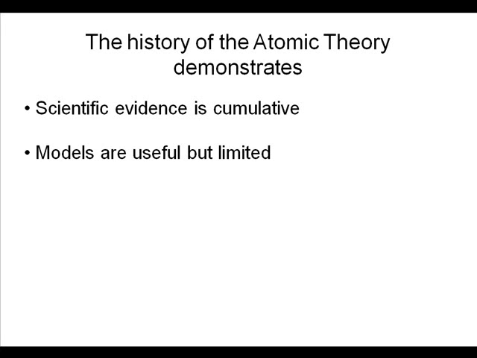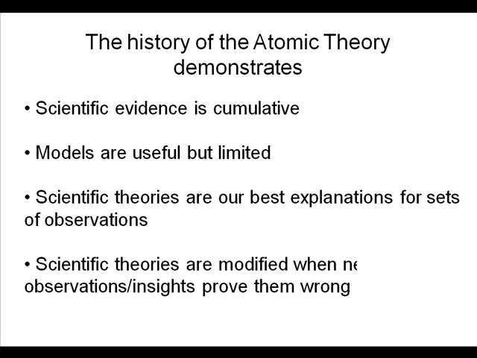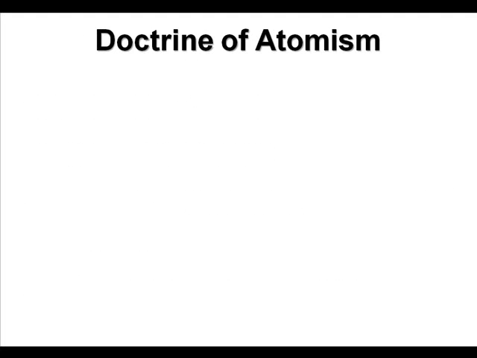And scientists take those models and further modify them with more complex experiments. Scientific theories are the best explanations at the time, and they're powerful. They make nice predictions, but as always, they undergo more review, and they get modified as more insights modify them further.